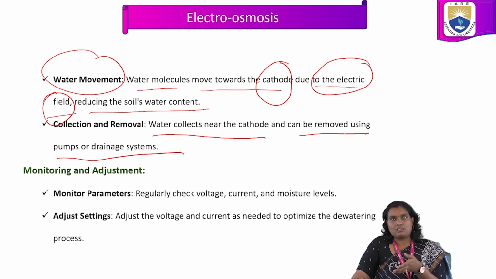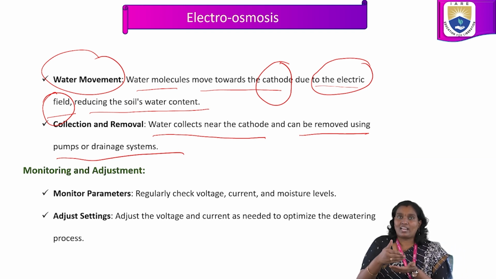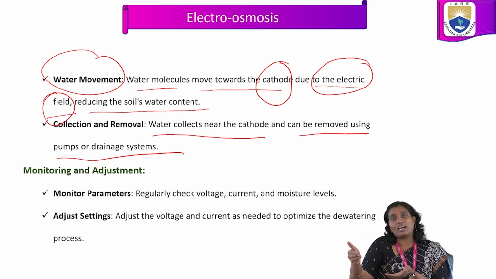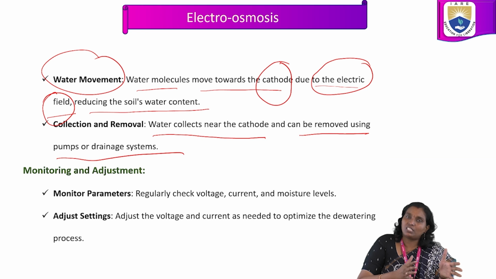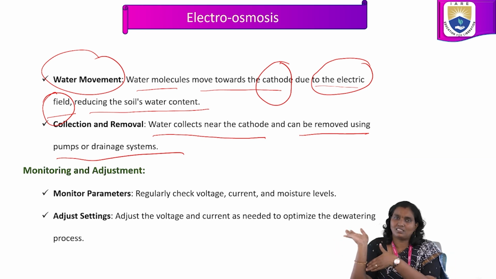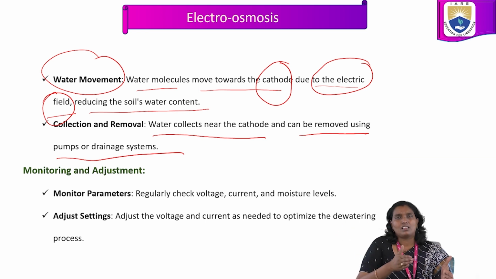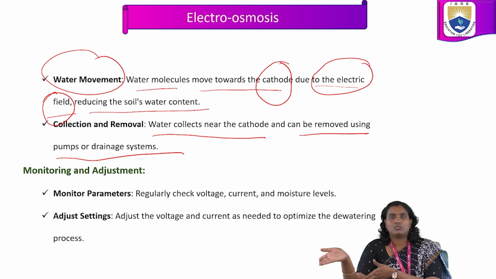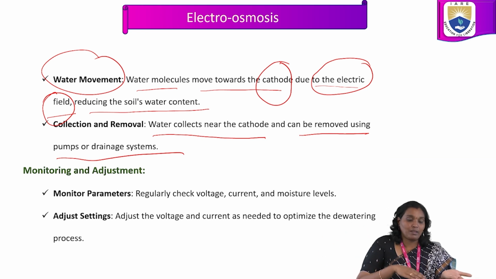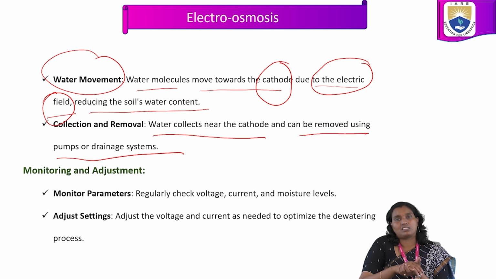It depends. Once we collect the excess water, how we remove it depends upon the site condition as well as the location of the site. Sometimes we may send it into drainage systems. We provide drainage systems after the collection of the water and send it through the drainage, and sometimes we use pumping.